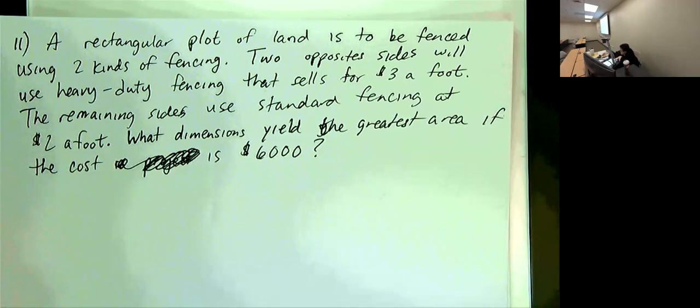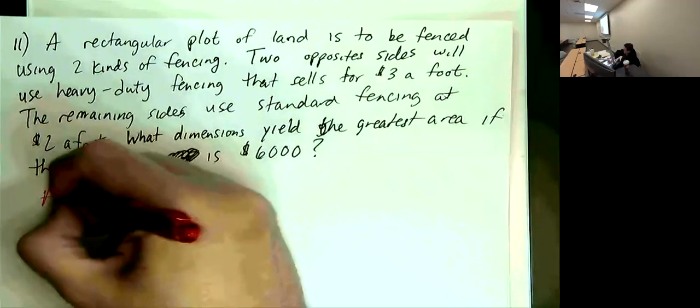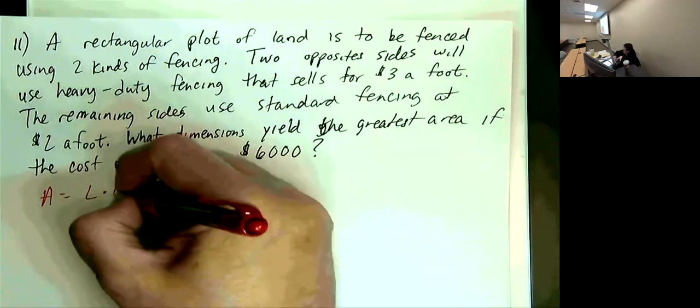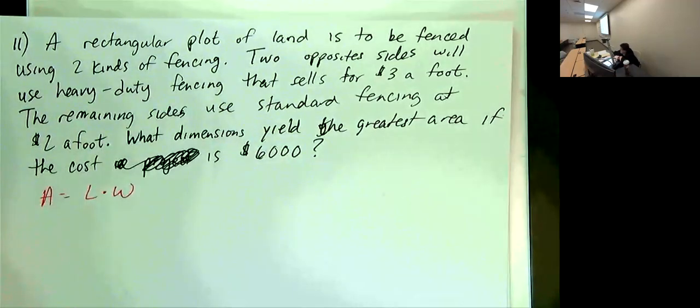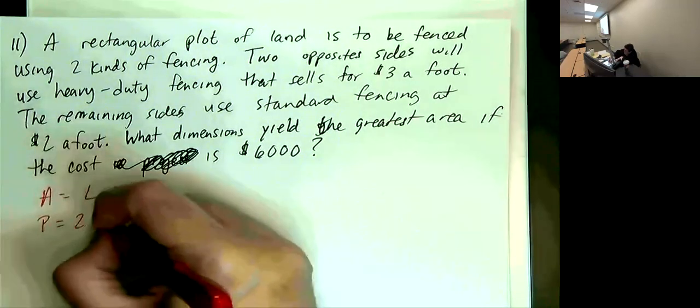What are our usual go-tos for rectangle problems? What equations do we have for rectangles? Area is length times width. What else do we normally use? Perimeter, 2L plus 2W.